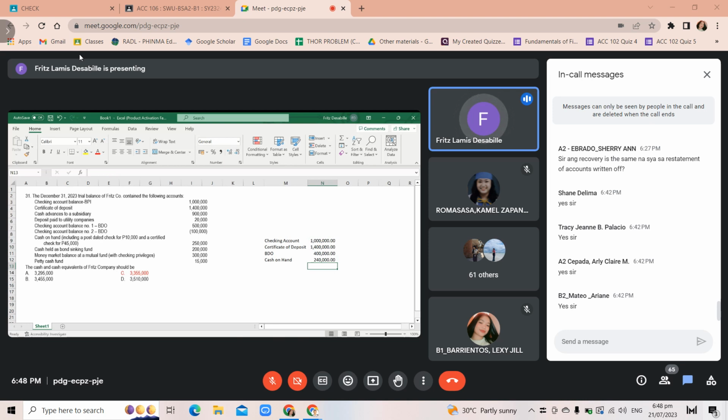Cash held as bond sinking fund, that's a non-current asset. No, that's a non-current investment or a long-term investment. Money market balance, so that is part of cash and cash equivalents, 300,000, and petty cash fund. So wala may breakdown si PCF, so that is 15,000.